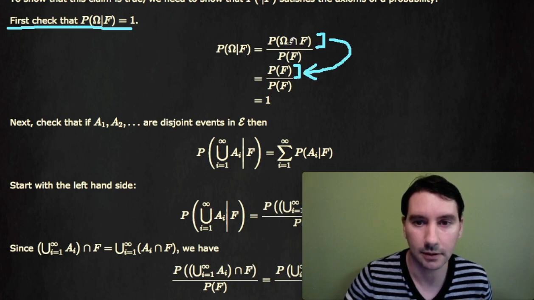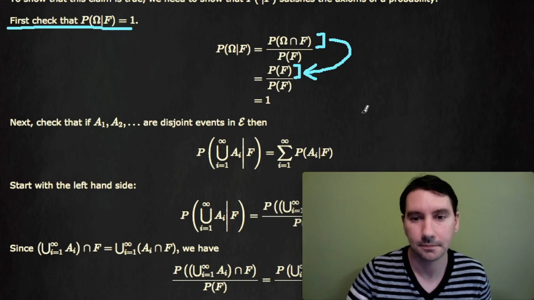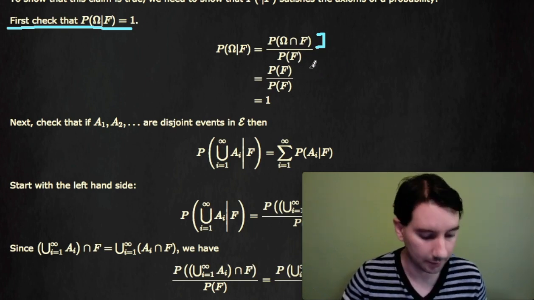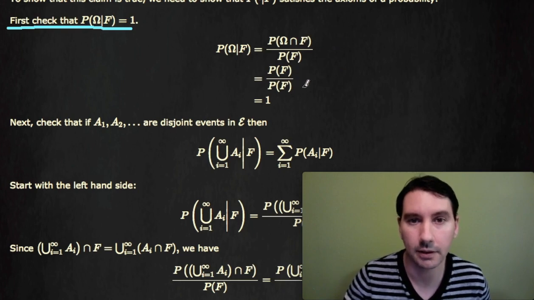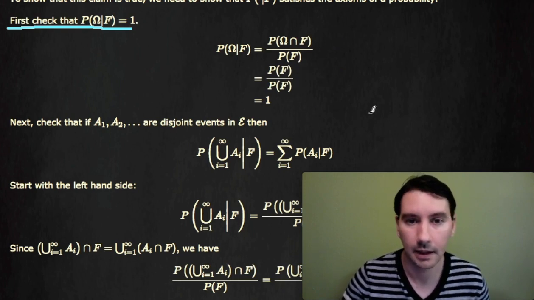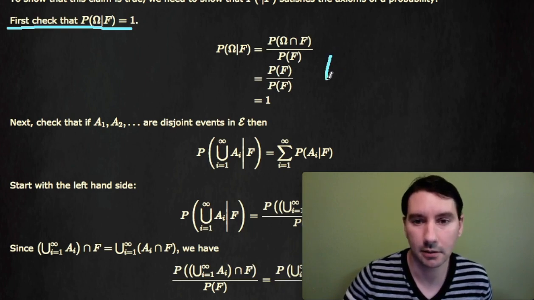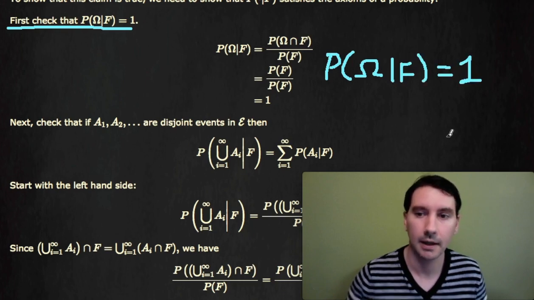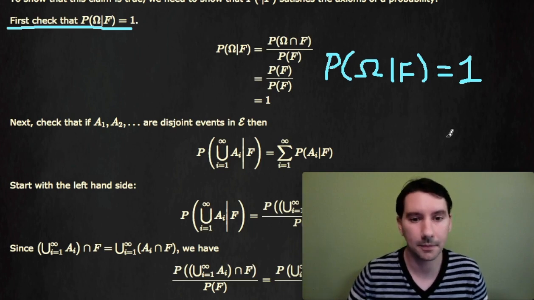We can just replace omega intersect F with F. Then we have P of F over P of F, which is just 1. So we could cancel and get 1. And therefore, the probability of the whole space given the event F does in fact equal 1. And that's what we wanted to show first of all.